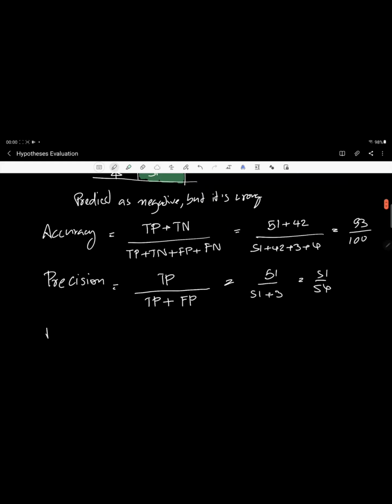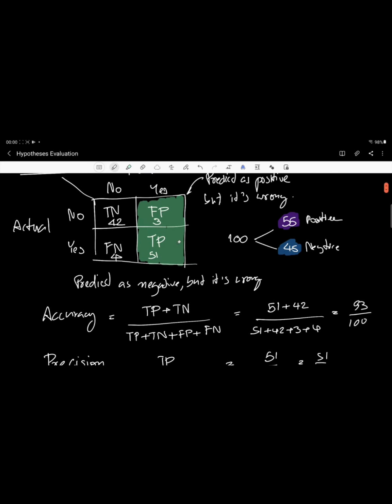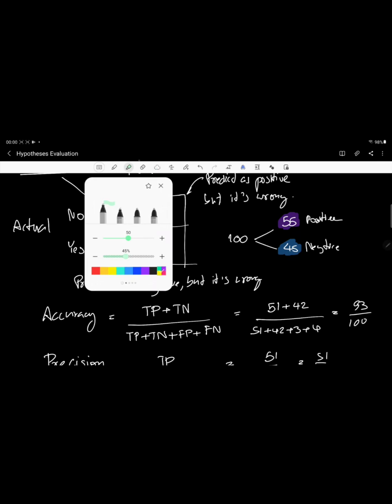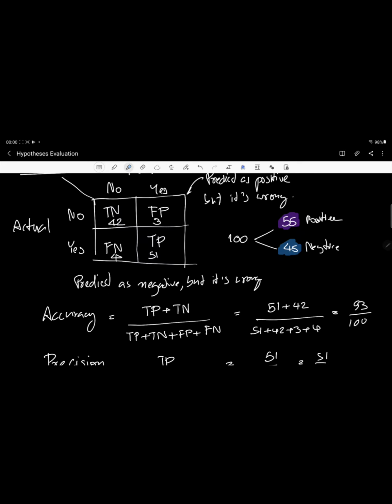And we have another part that is recall. Recall means from the actual data of that class, for example, in this case, the actual data of the positive one, how many of them do you correctly classify?